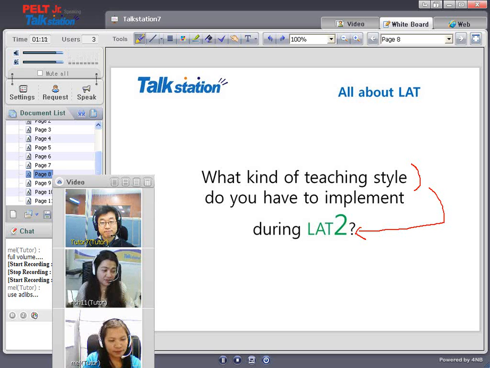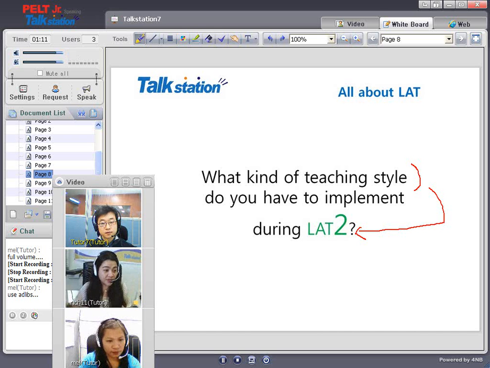And one more piece of information, sir. It's not only for the student. The LAT teacher should not focus only on the student. They must also focus on their own style, because this is the time where they need to sell themselves as teachers. I always tell this to our LAT teachers: this is now the time for you to sell yourselves as teachers.